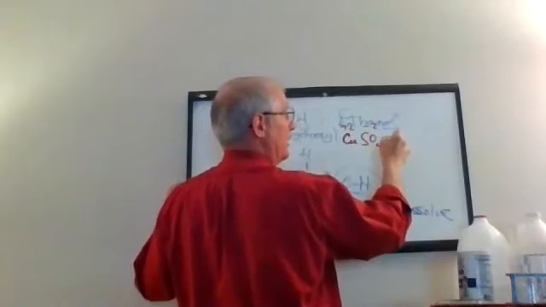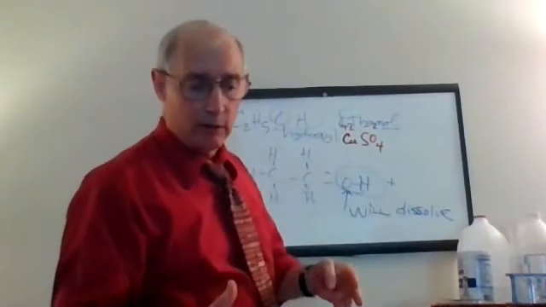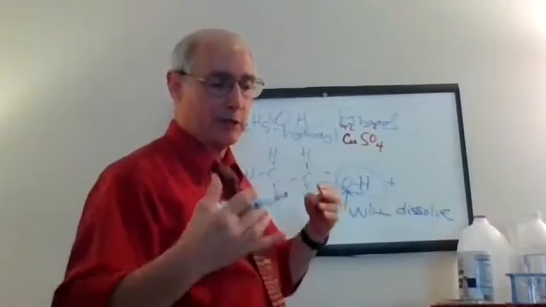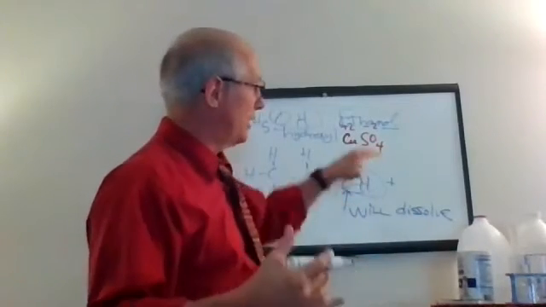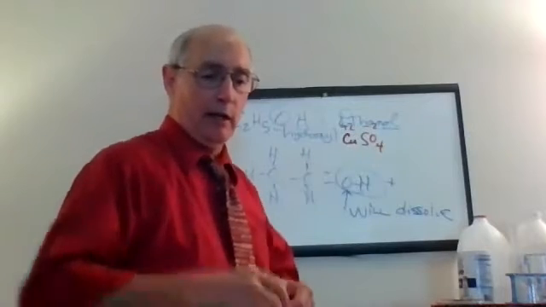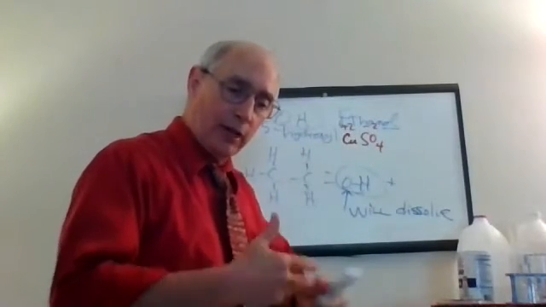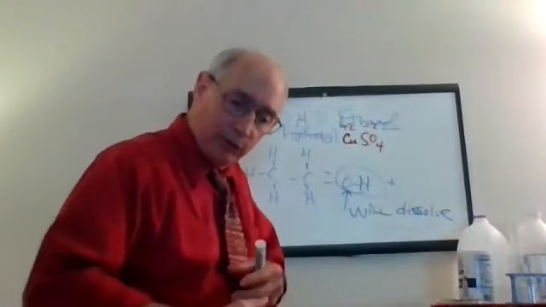Now, when you go ahead and you write the compound that results when there's a slow evaporation of a copper sulfate solution, let's suppose that there's rain and it flows down through the rocks. And the rocks have some copper and some sulfate.